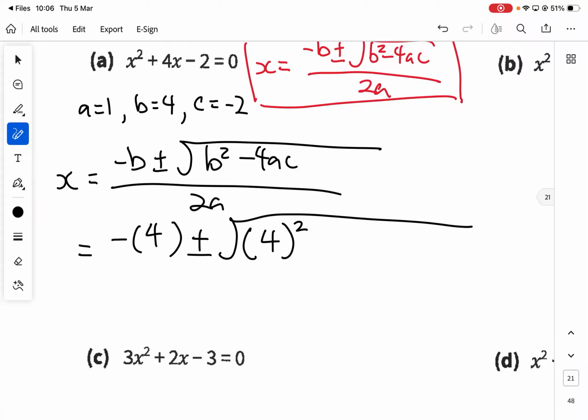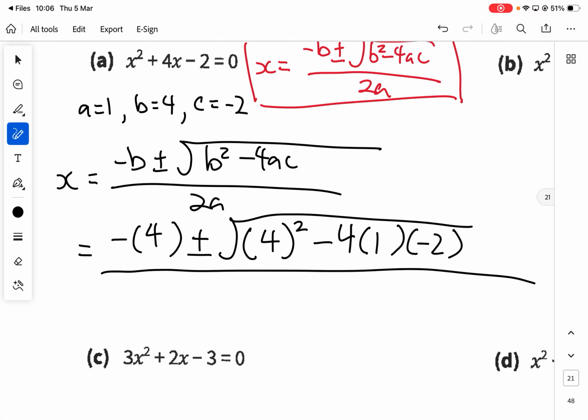Then minus and 4 no change. I copy minus and 4. A I am substituting, so I substitute with a bracket. A is 1. C I am substituting, I substitute with a bracket. C is -2. Division no change. 2 no change. A I am substituting, I replace with a bracket.